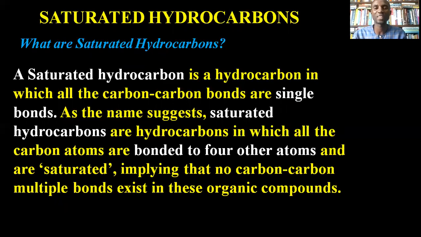When the bonds that connect carbon to carbon or even carbon to hydrogen are single bonds, we call it a saturated hydrocarbon. Why? Because carbon is bonded to 4 other atoms, and every side of it is bonded with a single bond, meaning it's saturated, it's filled up.